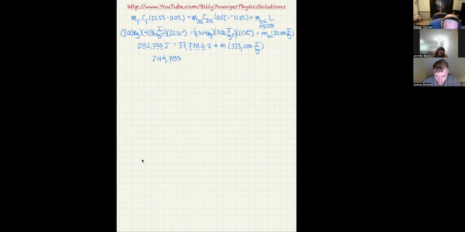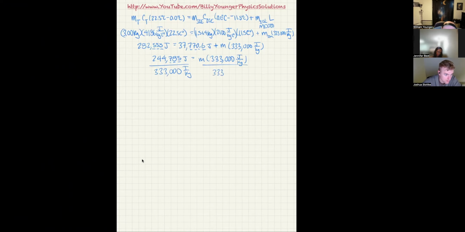It actually had another decimal point, but I didn't see much use in that. That's from taking the 37,770.6 from both sides. Now that's equal to M times 333,000 joules per kilogram. If I divide both sides by 333,000 joules per kilogram, I'll get just kilograms for the units on the left and just M on the right.